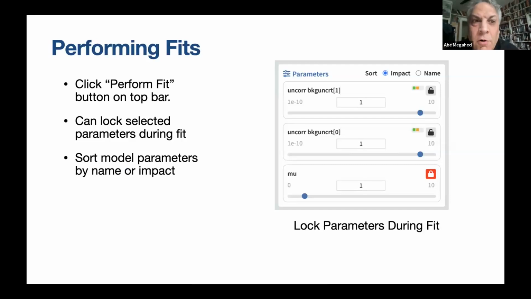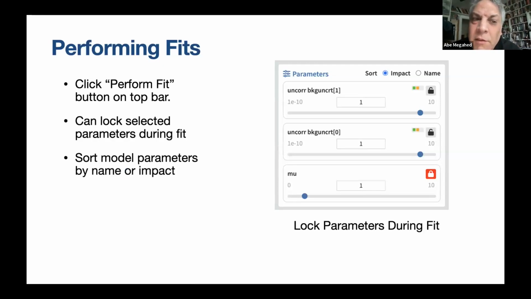So the normal method of operation that we were anticipating is that you would select the parameters that you're interested in viewing, and you would perform a fit, and it will adjust all of these different sliders as it performs the fit.